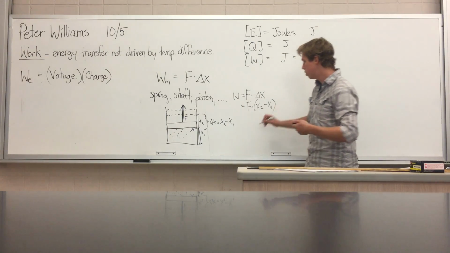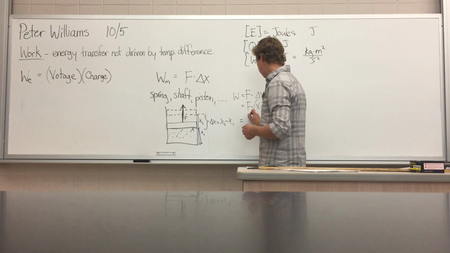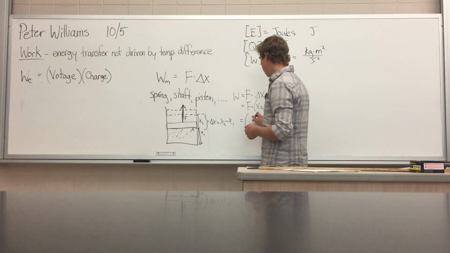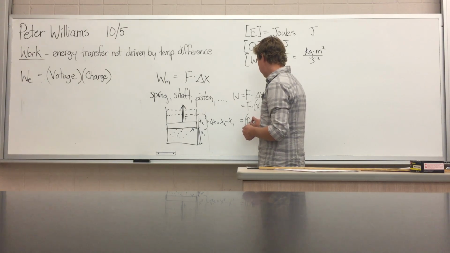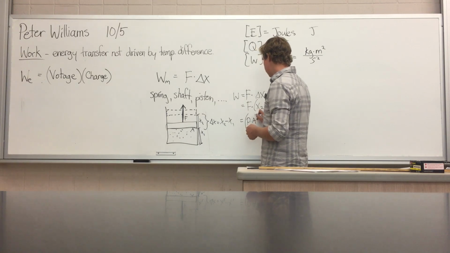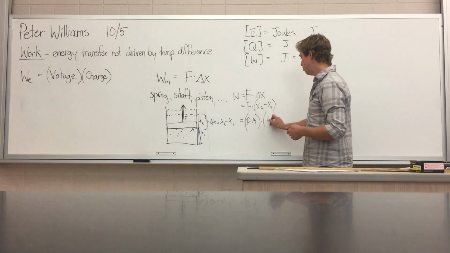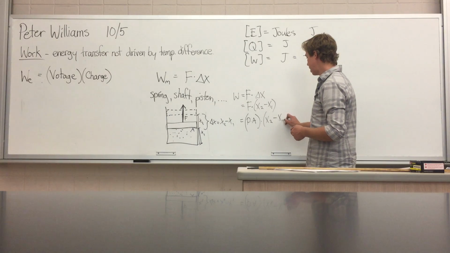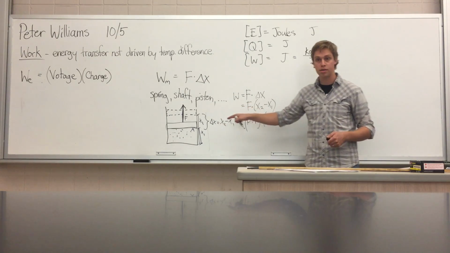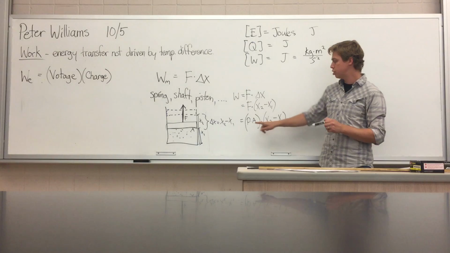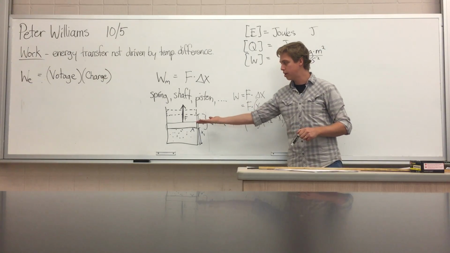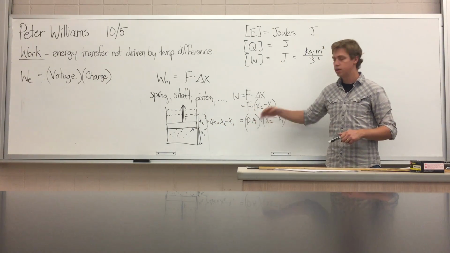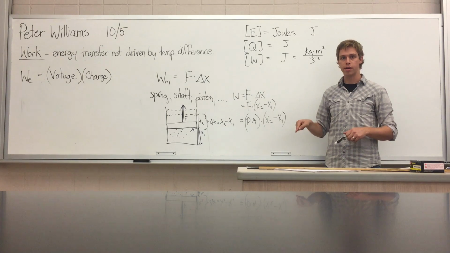So what I can do, take a second to think about this if you need, is I can write this as the pressure times the area instead of the force. Now this area is of course the area of that piston, because think about what pressure is. If there's a pressure on that, we've defined pressure to be force over area.